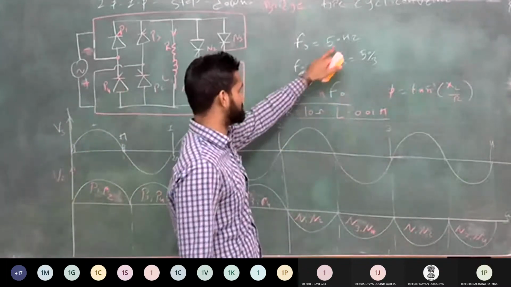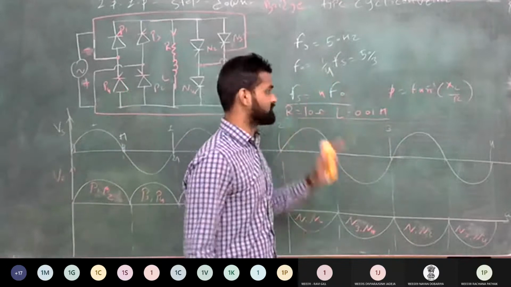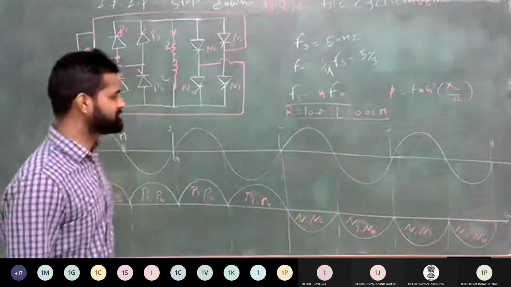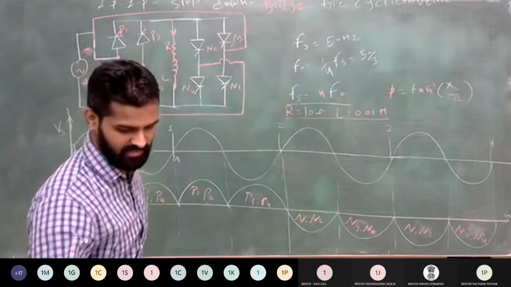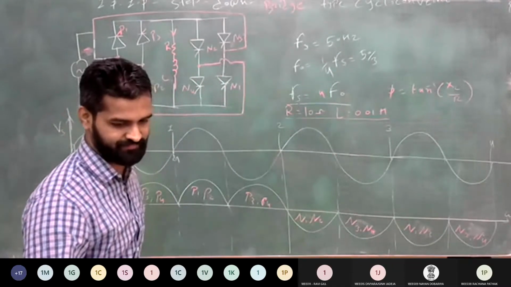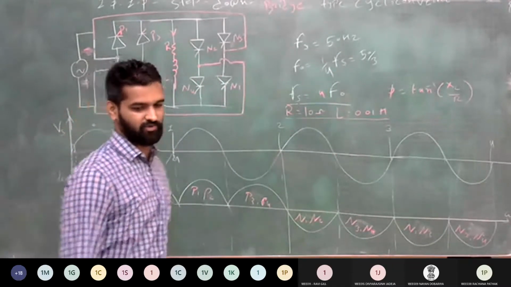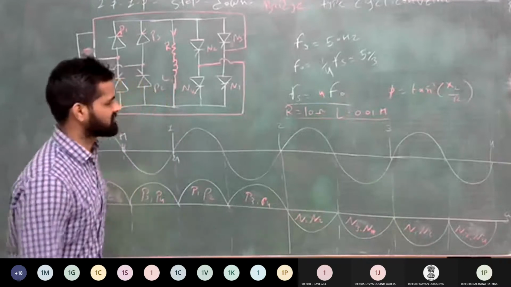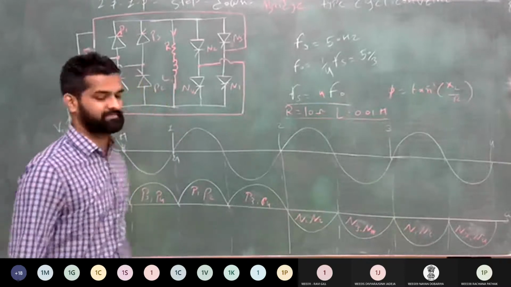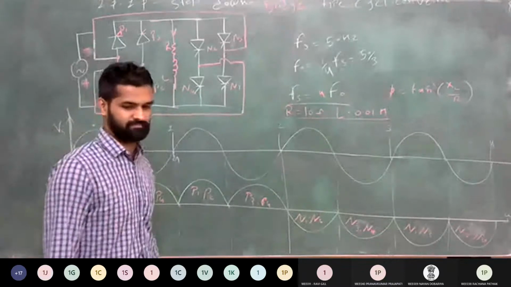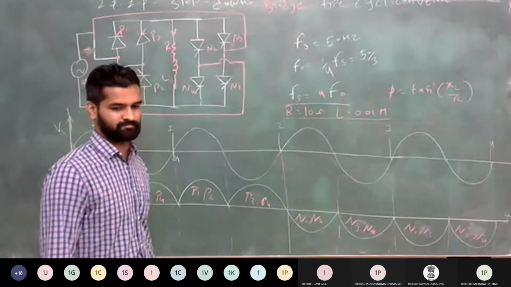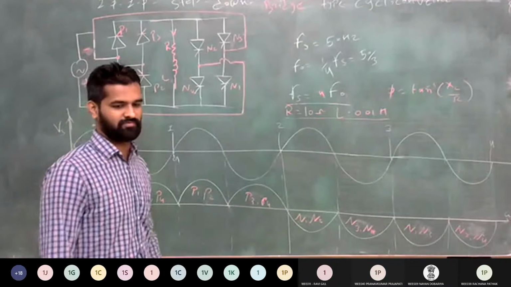Your supply frequency is 50 Hz. R is 10. So what is phi? Just please, anyone give me the answer? Number 40, Pranav Kumar. Give me the answer of phi.